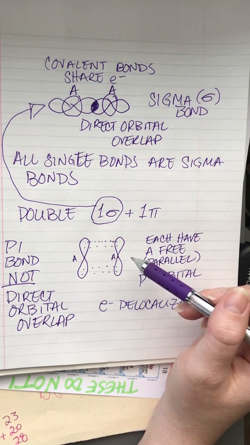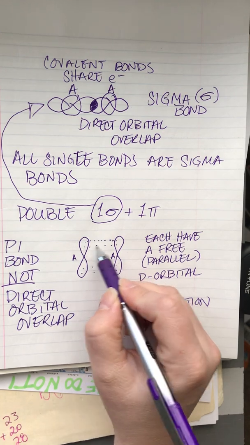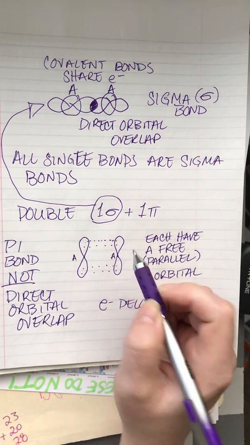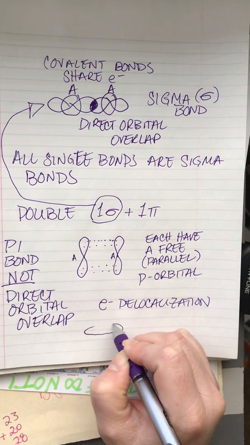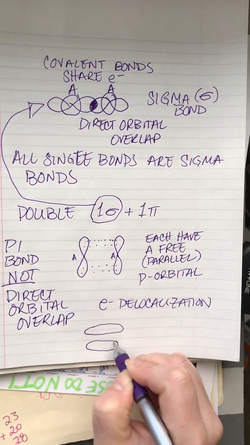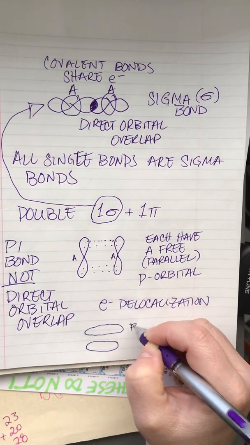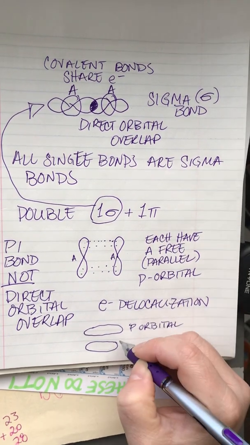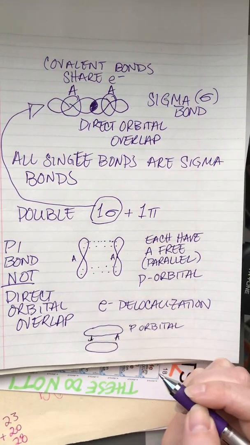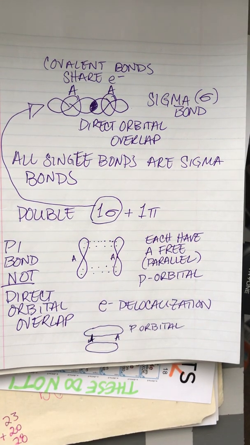So what really ends up happening with a pi bond is we're not jumping these great vast distances. What we're doing is we're kind of making an elongated p orbital between atom A and the other atom, right? Does that kind of make sense?